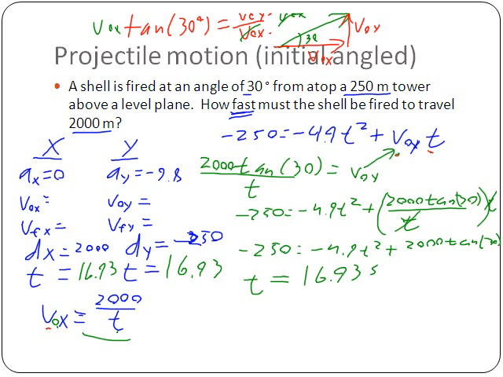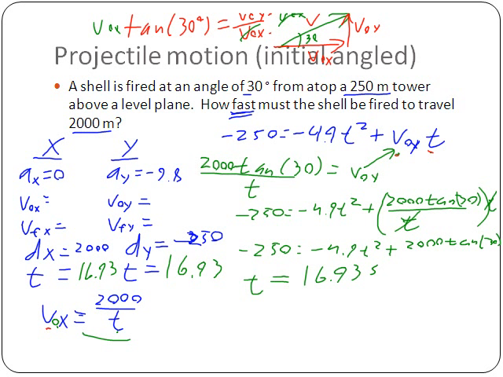The question was how fast must the shell be fired, though. To find how fast, that's effectively this velocity right up there, the hypotenuse. If we know either one of the two components, we can find that using trig again. How fast would be a speed, so we don't have to worry about direction here.